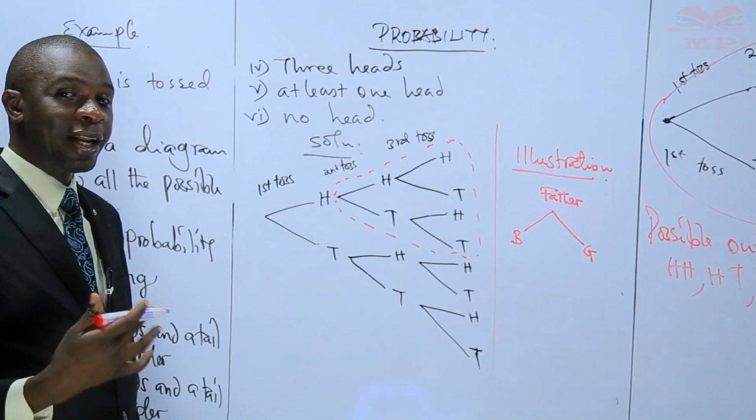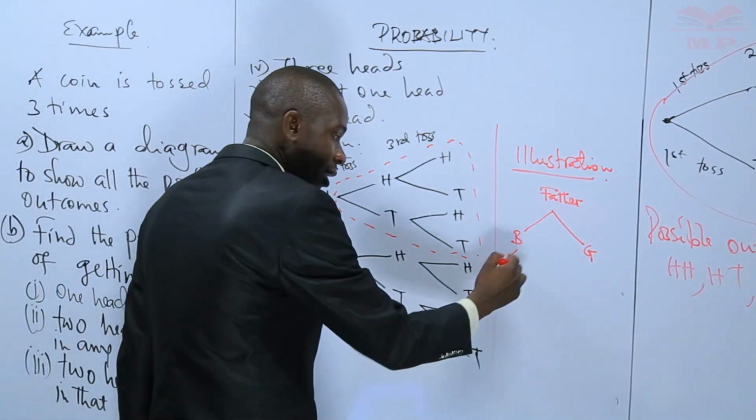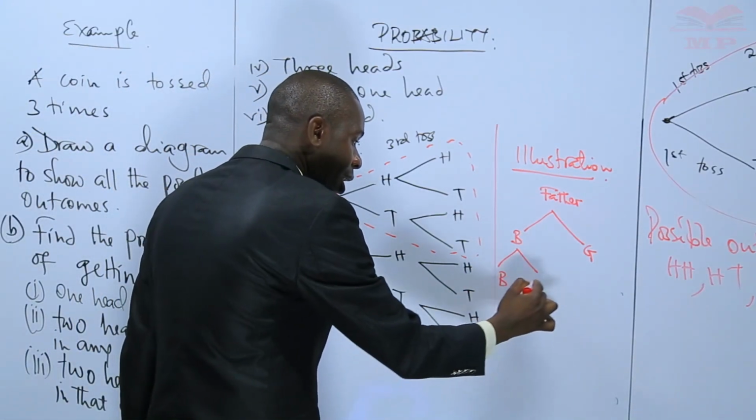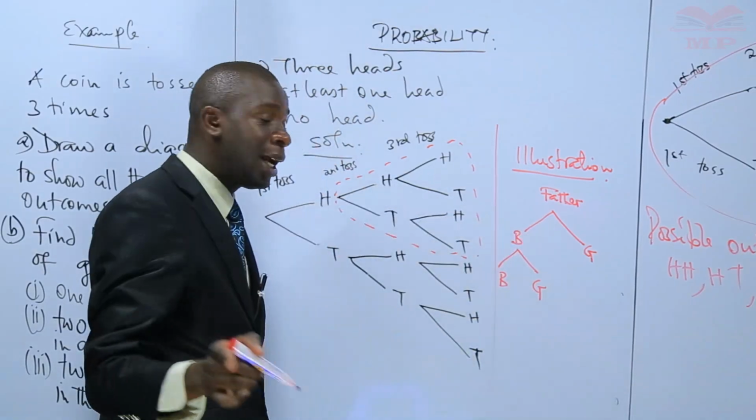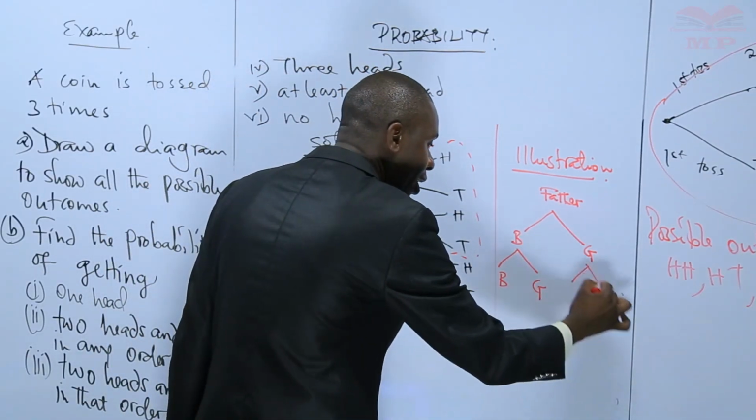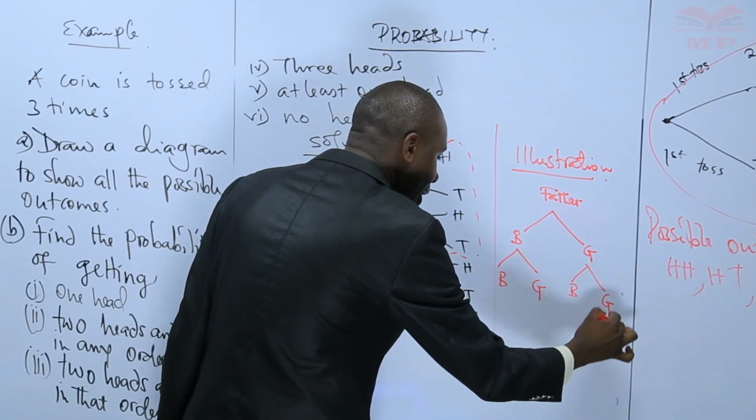Still, a boy can give birth to two children, a boy and a girl. And the girl can also give birth to two children, a boy and a girl.